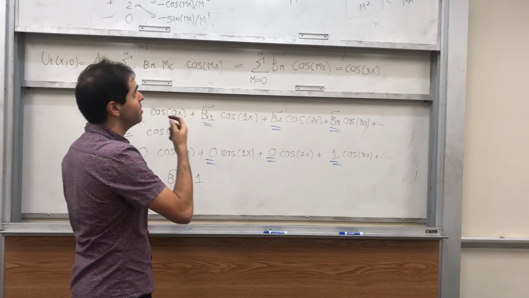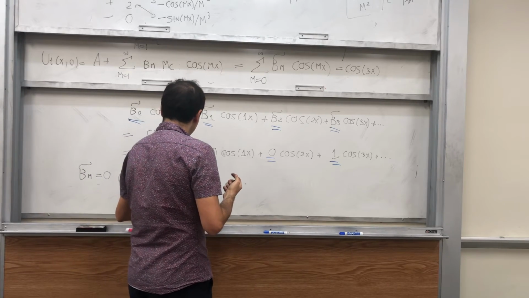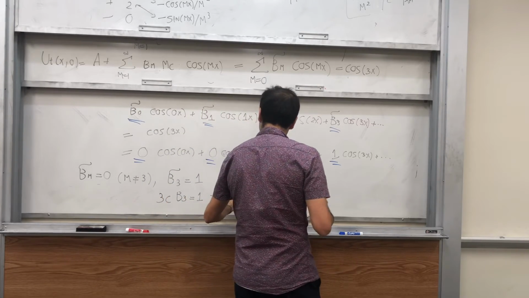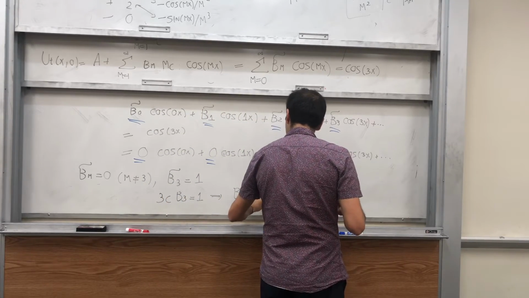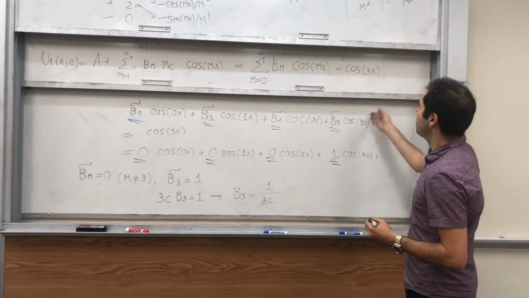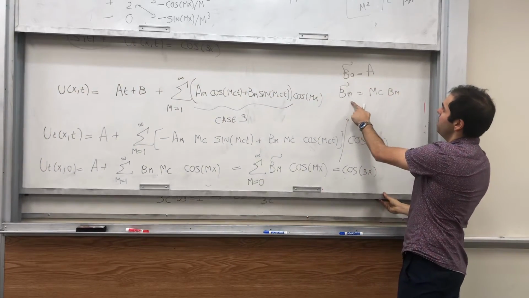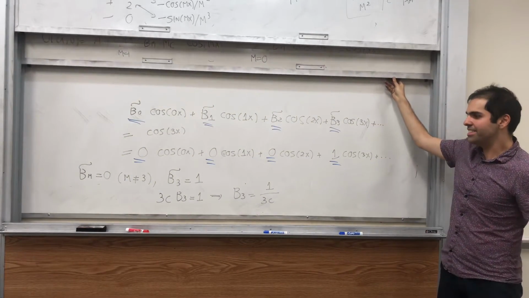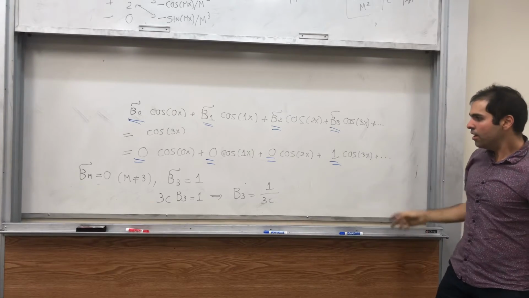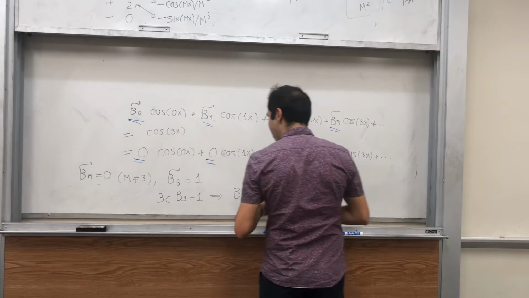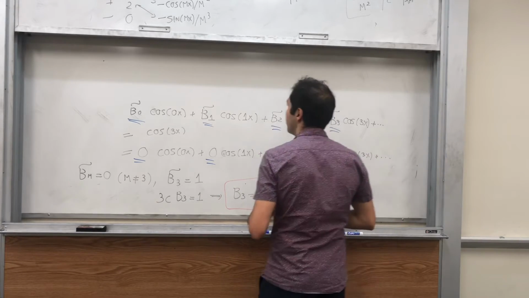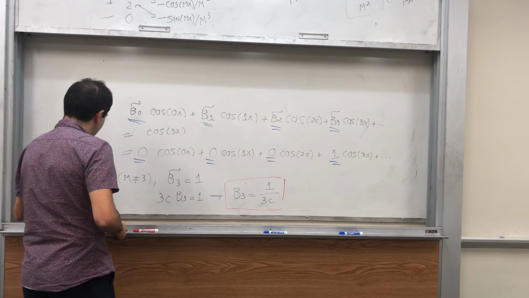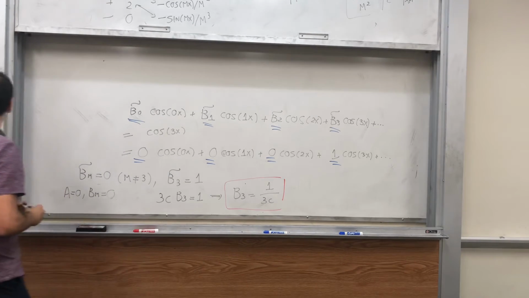And remember, b3 squiggle is 3c b3, so 3c b3 equals 1, and basically we get b3 equals 1 over 3c. Remember, bm squiggle is mc bm. And again, all the other terms are 0. So we essentially get a equals 0, and then bm equals 0.